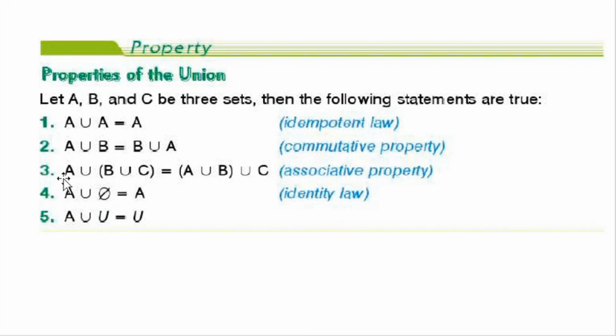Number three, A union the quantity of B union C is equal to the quantity of A union B union C by virtue of the associative property. Number four, we have A union empty is equal to A. And the last one, A union universal is equal to the universal set.